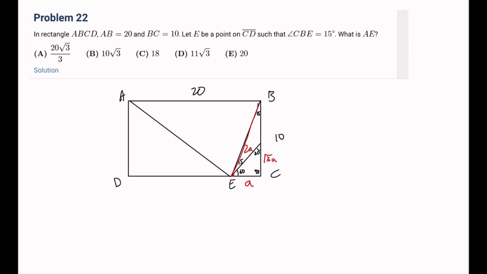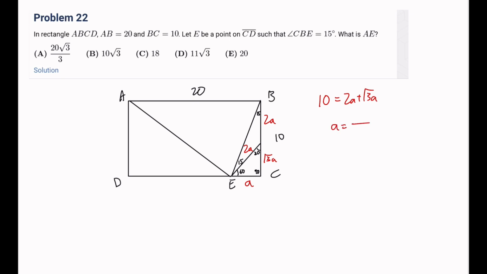But then since this is an isosceles triangle, both angles are 15, that means this length and this length are the same, so this length would also be 2A. So BC would be 10, so this equals 2A plus root 3 A.